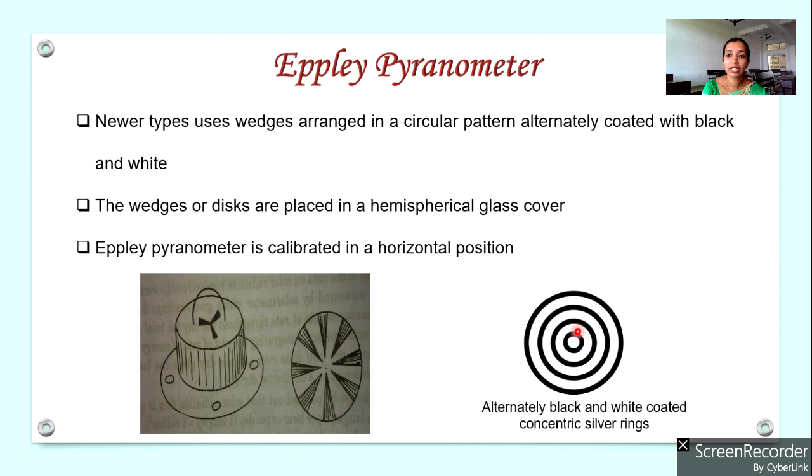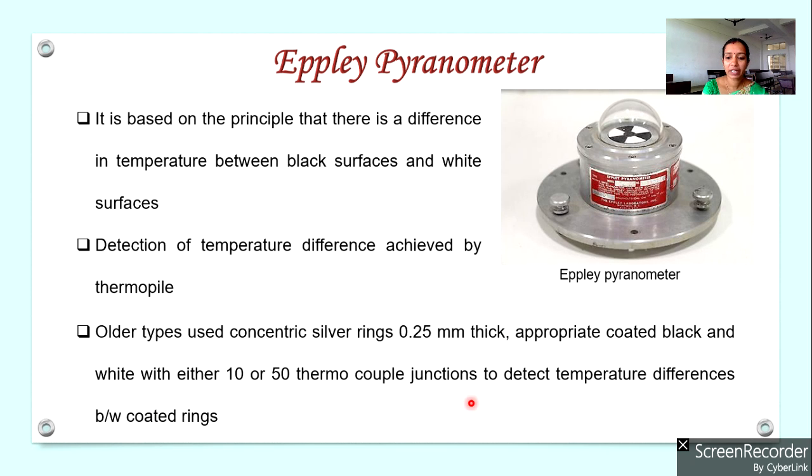So we know that there should be alternate black and white surfaces, and they were in the form of concentric rings in older pyranometers, alternately black and white coated concentric silver rings. And in those pyranometers, 10 or 50 thermocouple junctions were used to detect temperature difference between the rings.